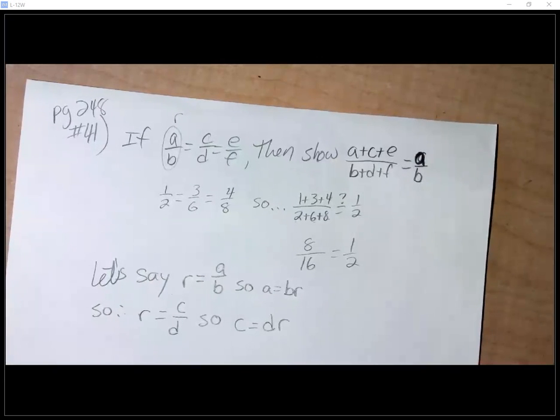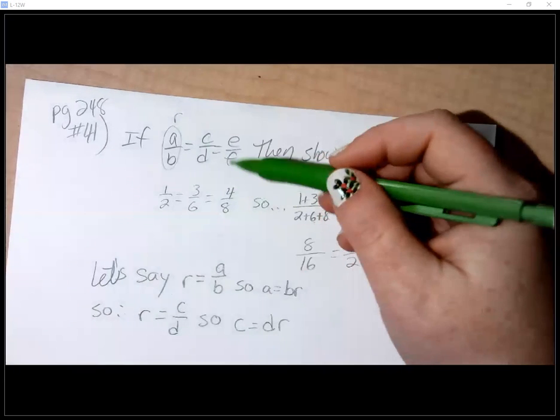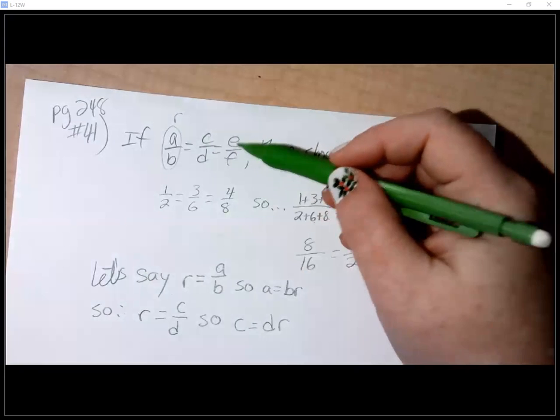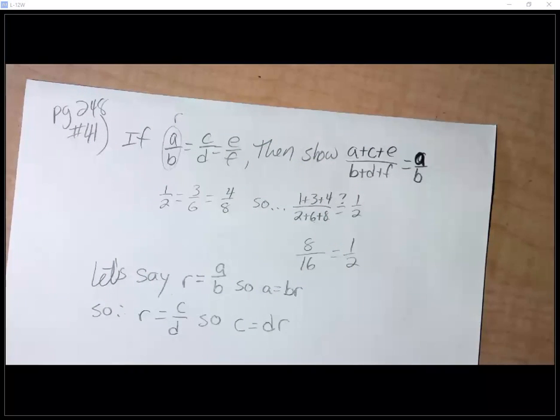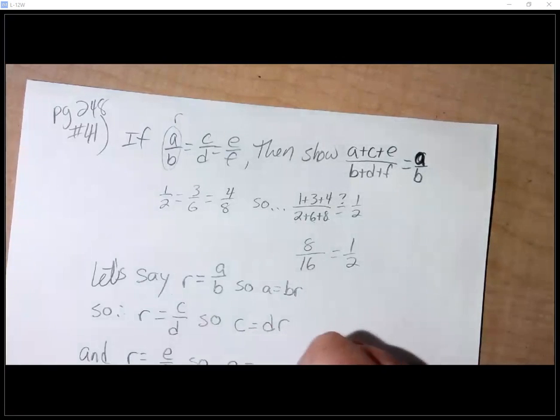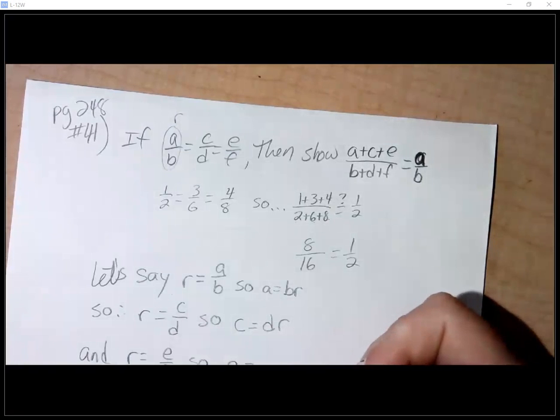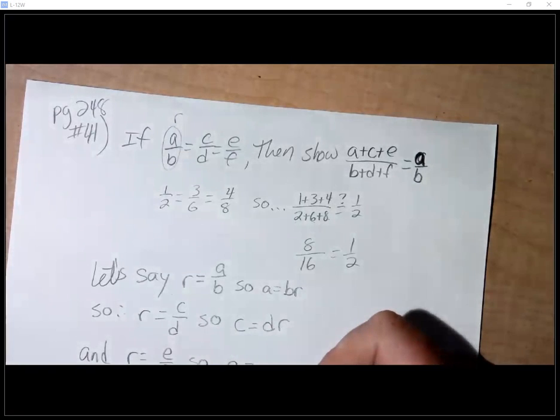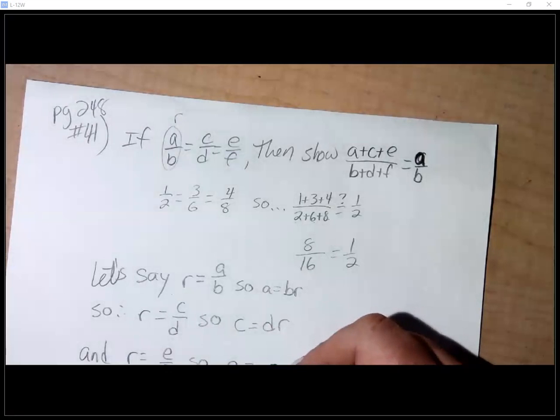Do the same thing with your last fraction. So what would E end up being equal to? E is equal to R times F. I'm going to write it as FR if you don't mind.